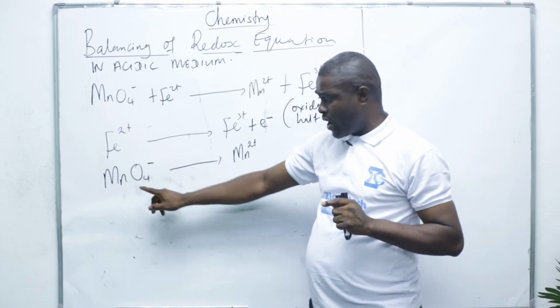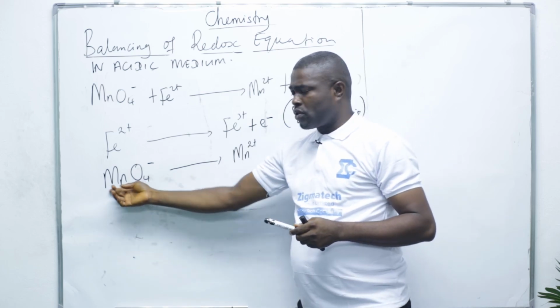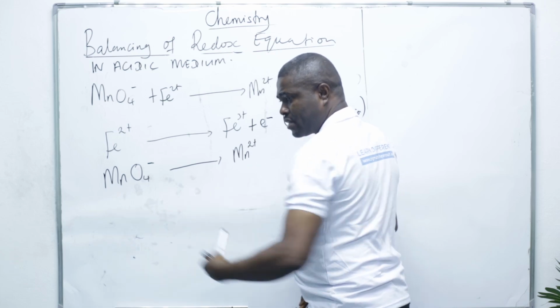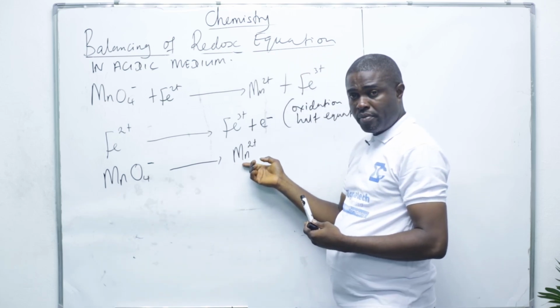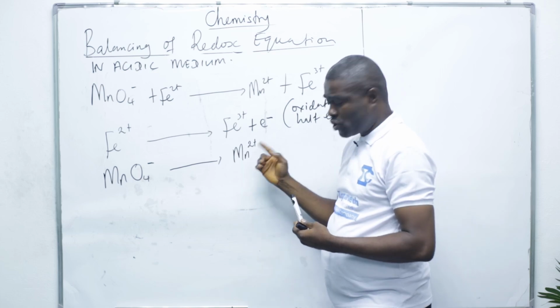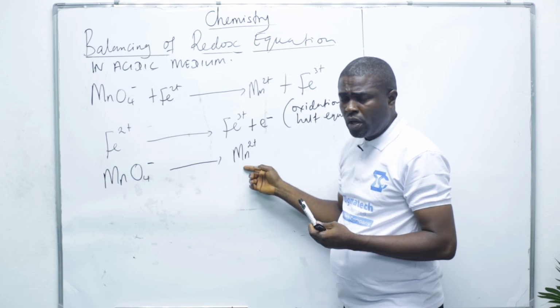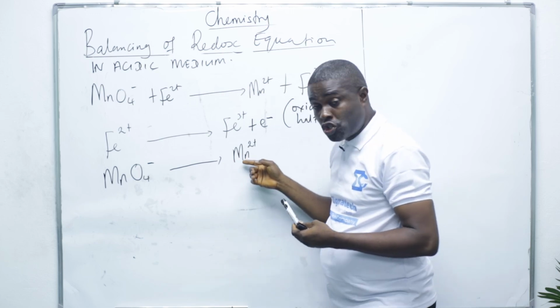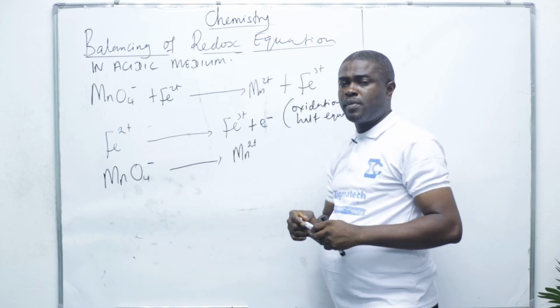Apart from oxygen, we have manganese here: one atom at my left-hand side and one atom at the other side. So in terms of atoms, it is balanced.